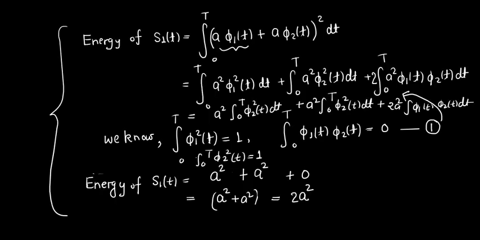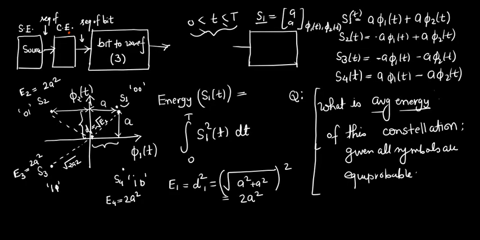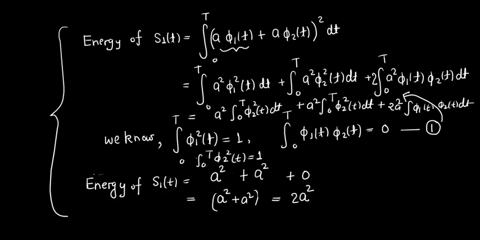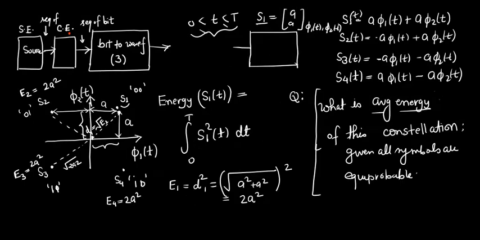So one question. Hmm. In other quadrants, the constant A has different signs, right? But sign would not matter because you are squaring it here. Even though it has minus a, because of this square, nothing would change.